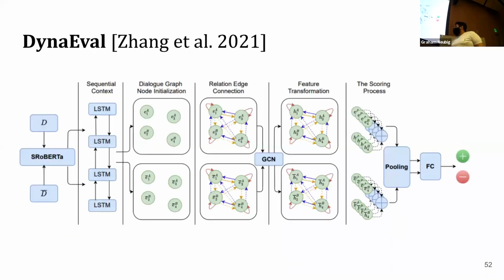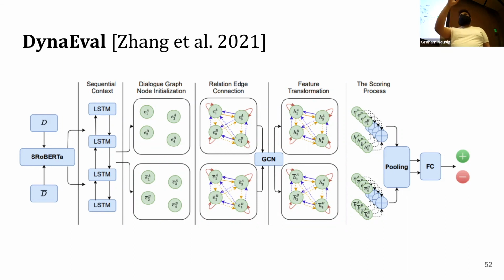Okay, and then DynaEval is one of the more recent papers on dialogue evaluation. What DynaEval does is it takes a dialogue and perturbs it in some way, maybe swapping two utterances, or cutting one dialogue in half and another dialogue in half and concatenating them together, or replacing an utterance. Then it encodes both of the dialogues through some kind of graph.